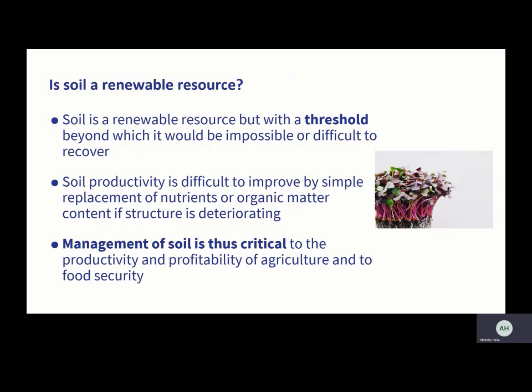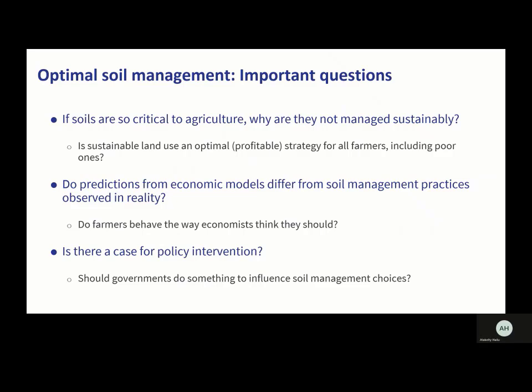So managing soil is critical to the profitability and productivity of the land, and that's something that you want to maintain, which means you don't want the soil to be degraded to the point where it becomes a desert or gets destroyed completely.